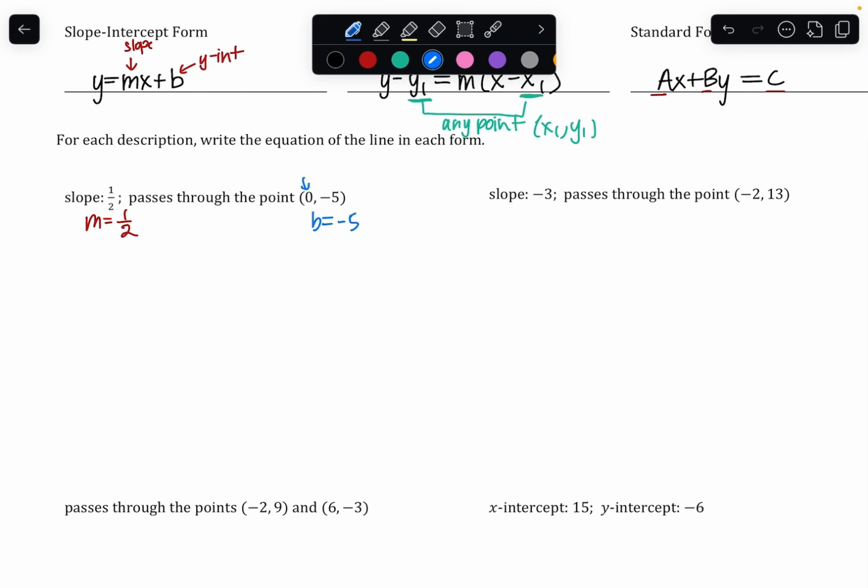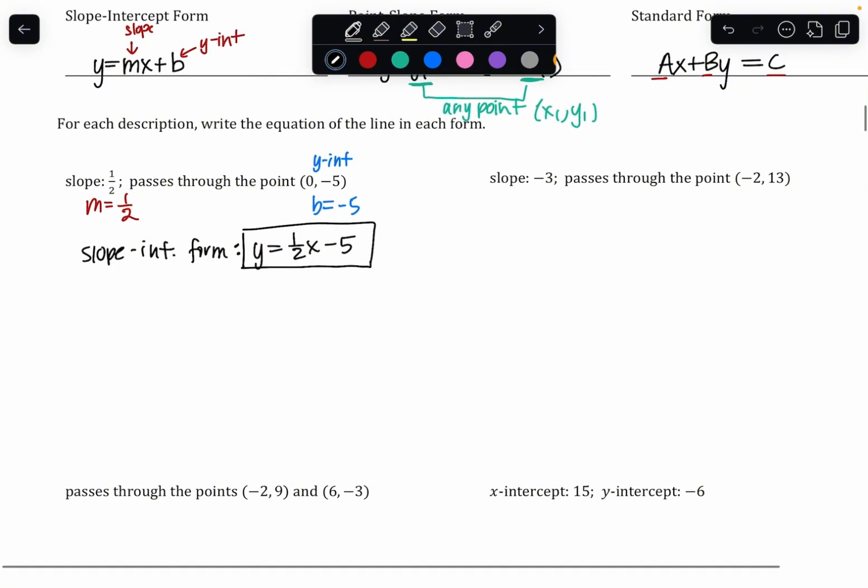Anytime x is 0, this means that this point is our y-intercept. And so we can immediately jump to slope-intercept form, which would be mx plus b, so y equals 1/2 x plus b would be minus 5 since it's negative.